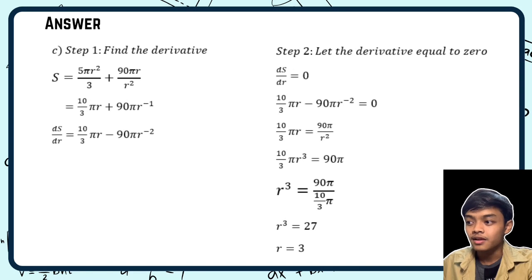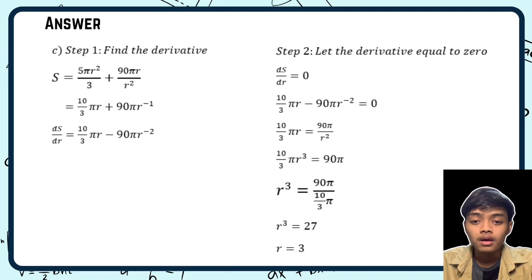After that, we move 10/3 pi to the right, and we get r cube equal 90 pi over 10/3 pi. And then we simplify. We get r cube equal 27. Lastly, we take the cube root and we get r equal 3.